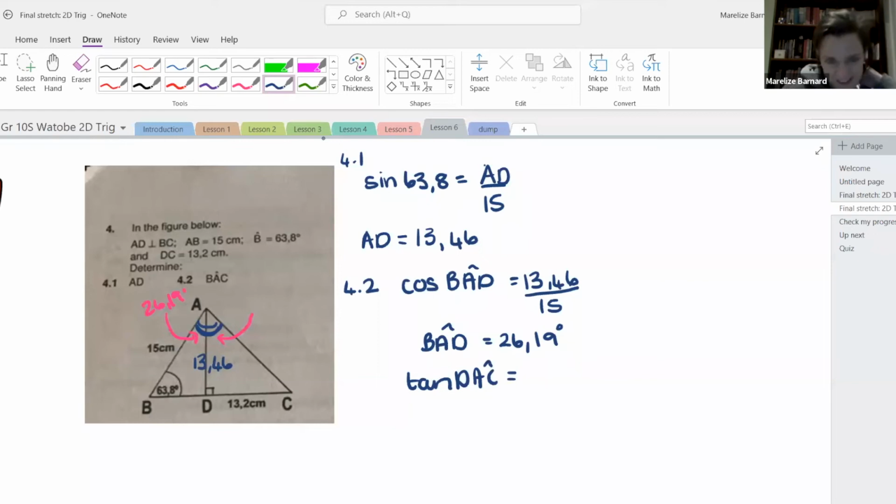That's why we are here, to sharpen our skills. 13,46 over 13,2. So we're back on our calculator, going shift tan, 13.46, 13.2, and I get DAC is 45,56.